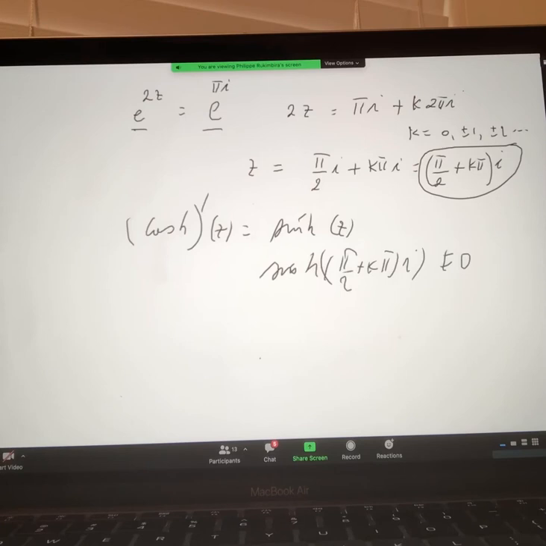So that makes it a pole of order 1. It's a 0 of the denominator, but it's not a 0 of the derivative of the denominator. So pi half plus k pi I are simple poles.